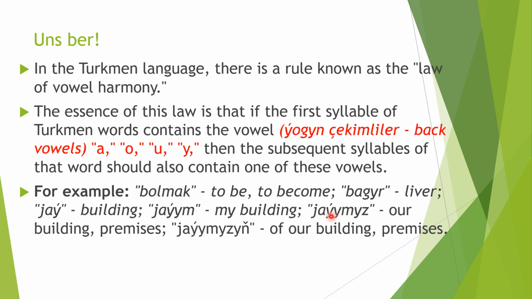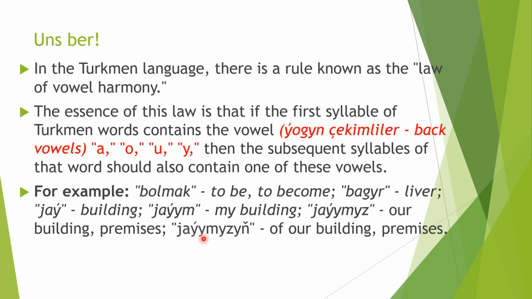Or jayımız. Again the word jay, a is ýogyn çekimli, it's here. Then we need to choose the suffix ımız, I here. Jayımız, the suffix ımız means our building. Jayımızın, again it's another suffix.